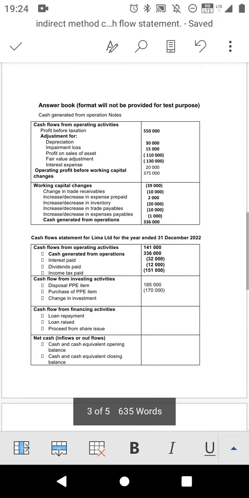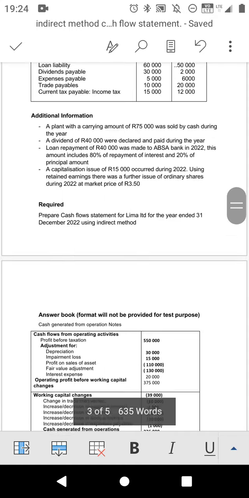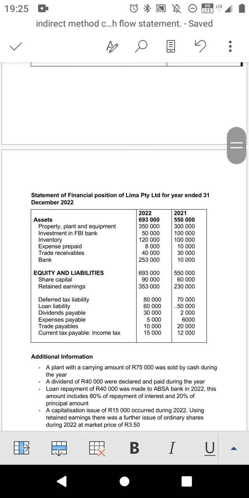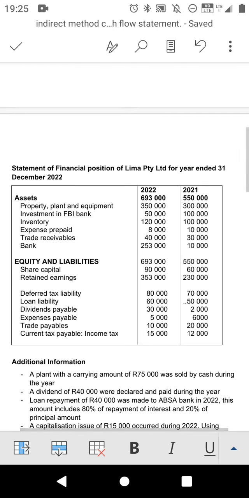Okay, now we are going to change in investment. Let's go to our balance sheet. Investment under PPE item, we have investment in FBI Bank. The amount of last year was 100,000. Now we have 50,000. What happened? This simply means that some of the money has matured.